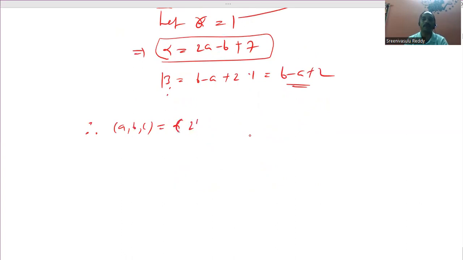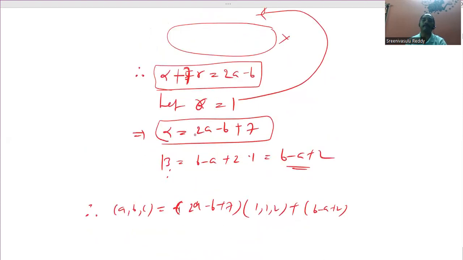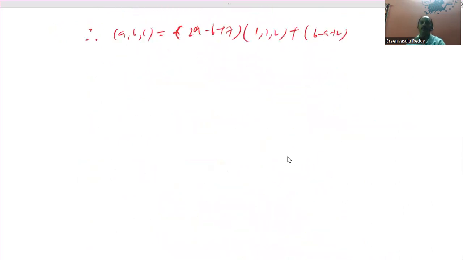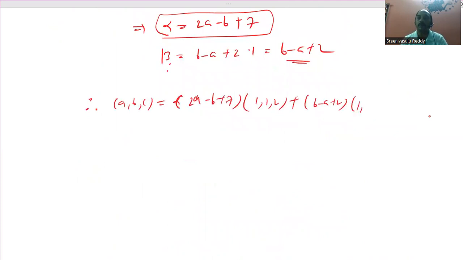Alpha means 2A minus B plus 7 times the first vector (1, 1, 2), plus beta, which is B minus A plus 2, times the second vector (1, 2, 5), plus third vector 1 times (5, 3, 4).